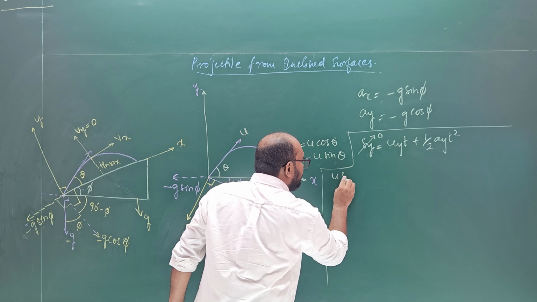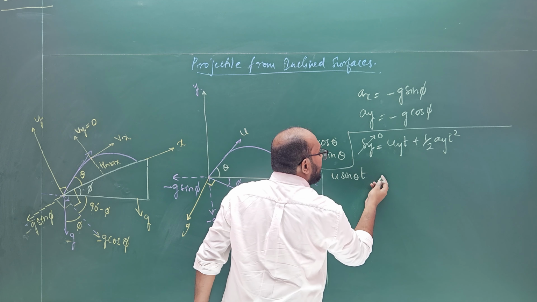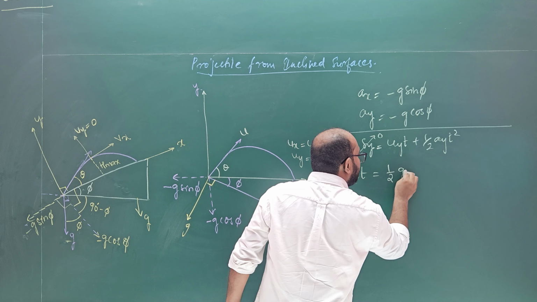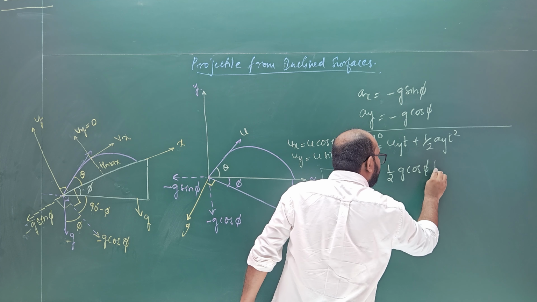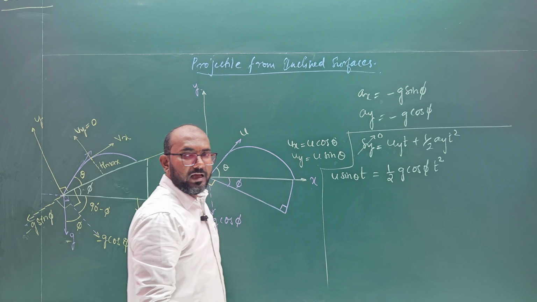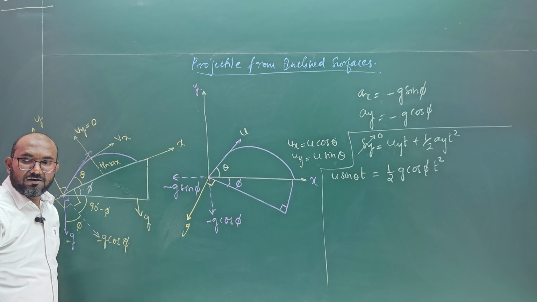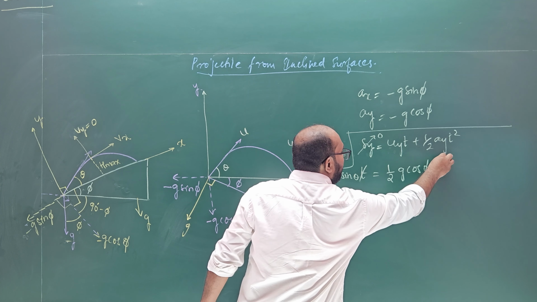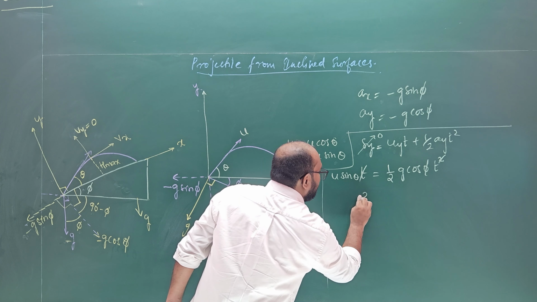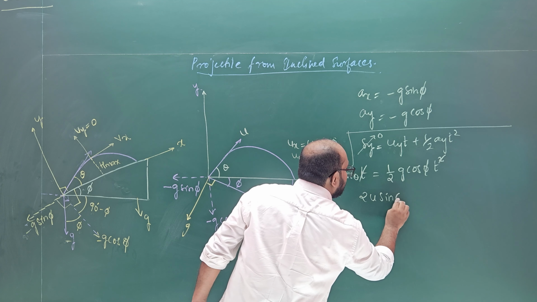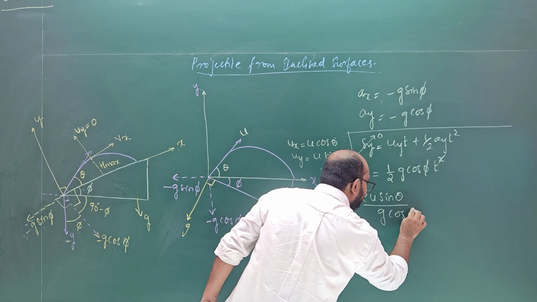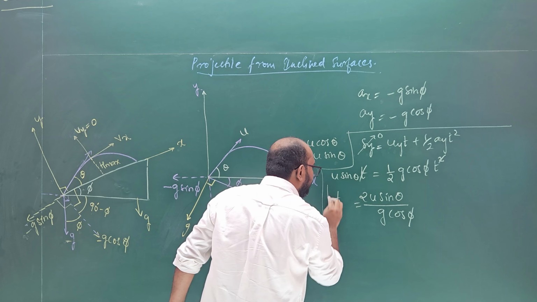Okay. U sine theta t, which is equals to, can I write half times of g cos phi t square. Acceleration along y-axis is minus g cos theta na. Sorry, cos phi na. Now, can I cancel this 1t and 1t? Left out is what? 2u sine theta upon g cos phi, which is equals to your time period.